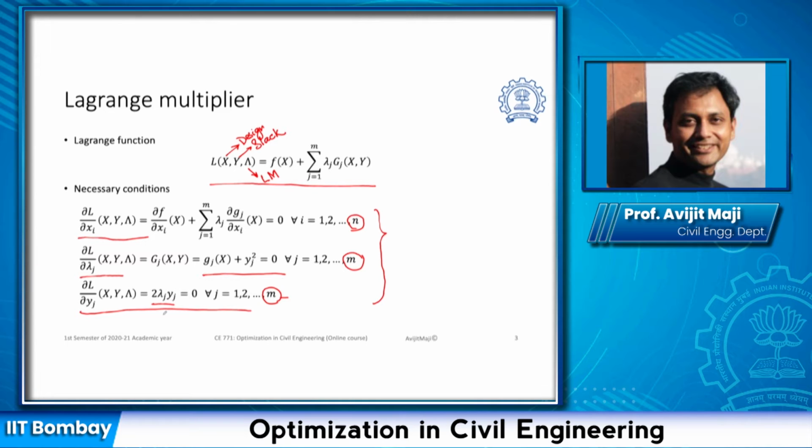Particularly if the Lagrange multiplier is equal to 0, then it indicates that my constraint is inactive.